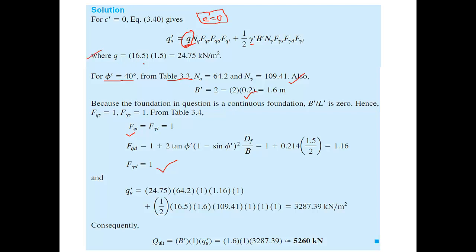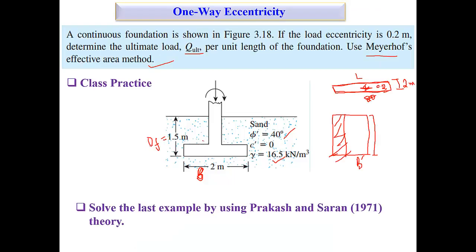Here you can see 16.5 is the unit weight gamma, right? And this is the Df. So if you multiply, you will get the stress q. You understand or not? This is 1.5 and this is 16.5.